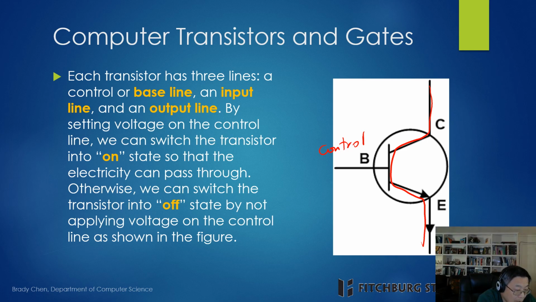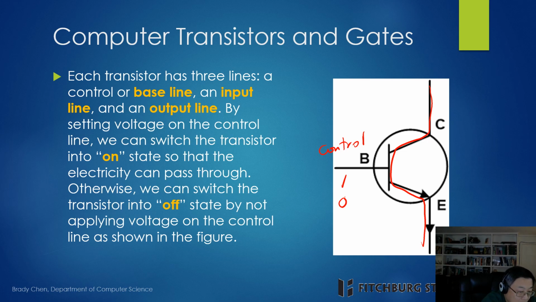Otherwise, we can switch the transistor into the off state by not applying voltage on the control line. When we apply the voltage on the control line, we use the number 1 to say we set a voltage. 0 means we don't apply a voltage on the control line.